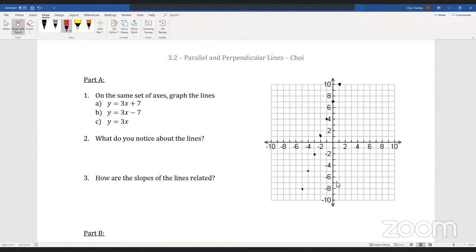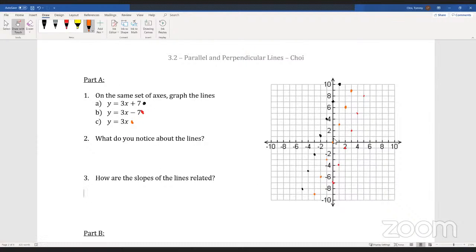For 3x minus 7, oops, that's not 7. We have something that does this. And for 3x, we have something that does this. So that's in black, that's in red, and then this is in orange.